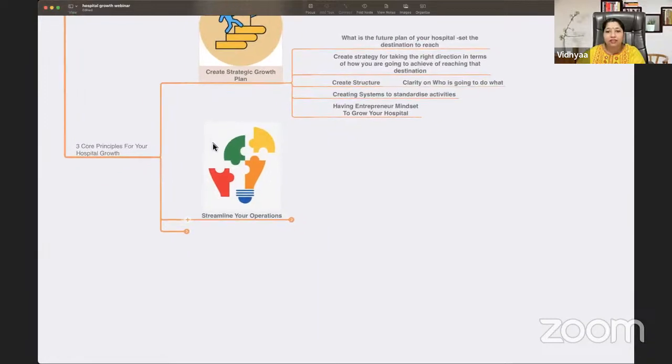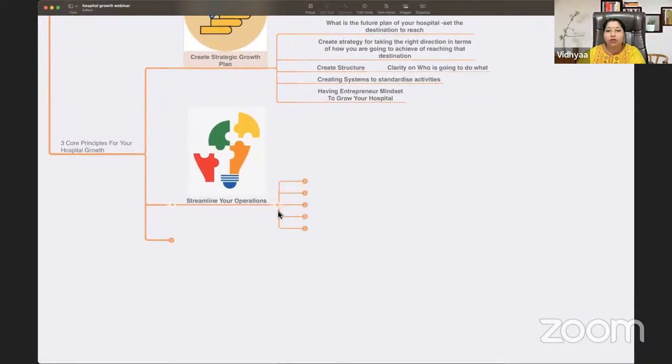The next is streamlining your operations. As I mentioned, whenever the staff are not working properly, they are not efficient, there are blame games, there are too many mistakes and errors, and nobody is taking responsibility or accountability.